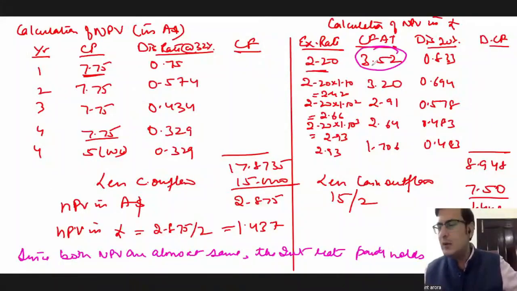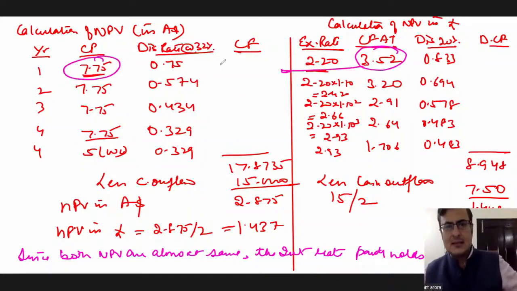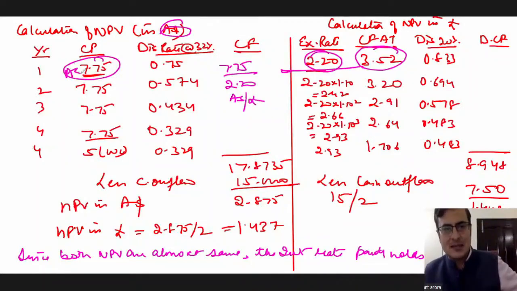But this I've calculated by 7.75 divided by 2.2. This is the cash flow in US dollars, and this is the exchange rate as Australian dollars per pound. Since the base currency is not the same, this is Australian dollar, this is pound, so I have divided this.